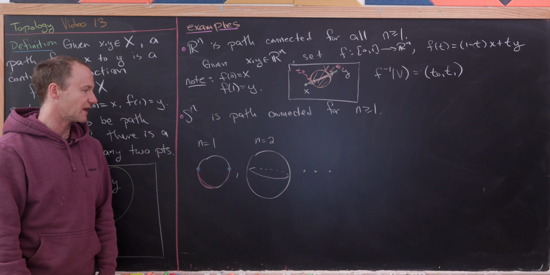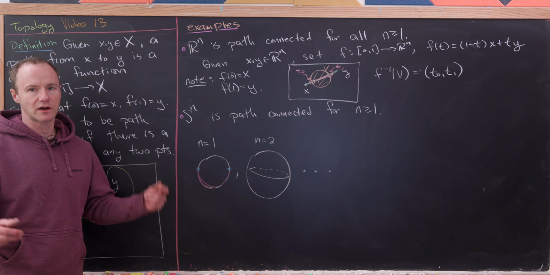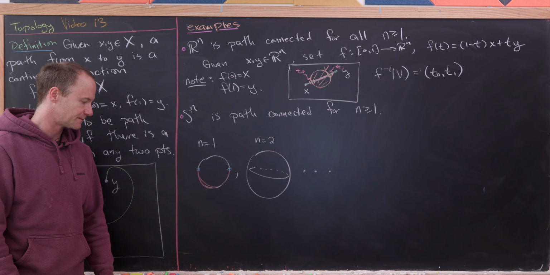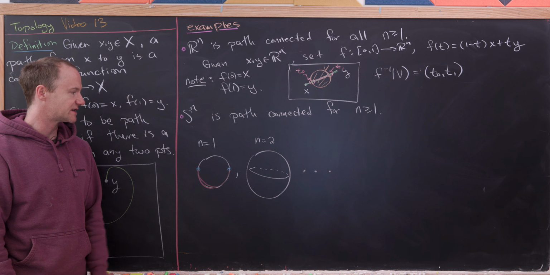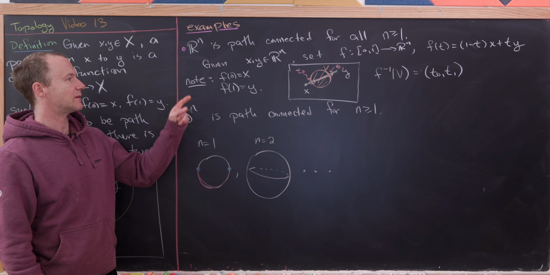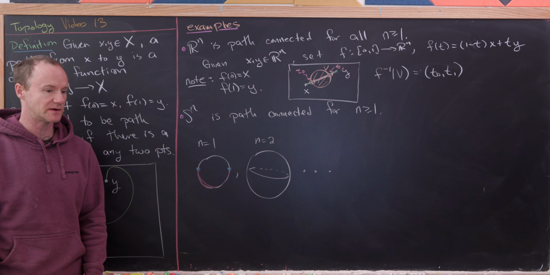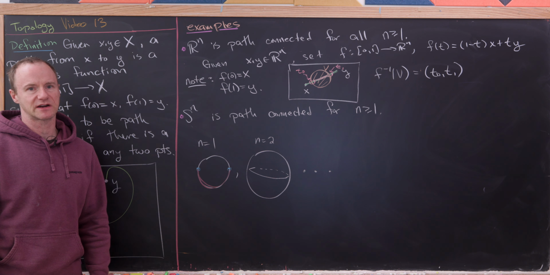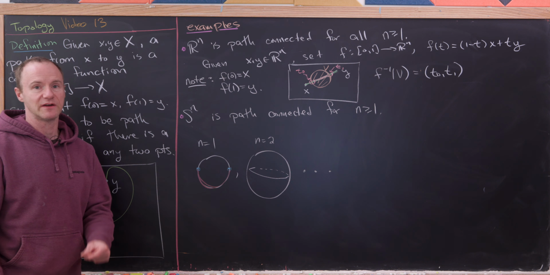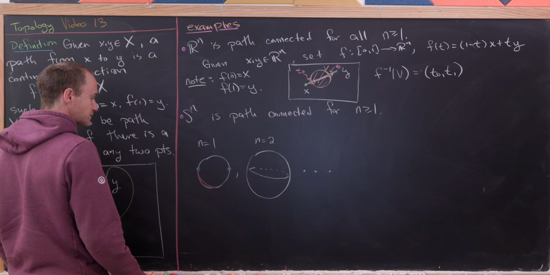And then for the n equals 2 case, it's also path connected. For the n equals 3 case, in all of these, it will be path connected. And I'll sketch a proof of this as well. This is going to involve the composition of what we did above with something called a stereographic projection. I'll let you guys look up stereographic projection if you're not familiar with it, but the idea is this.